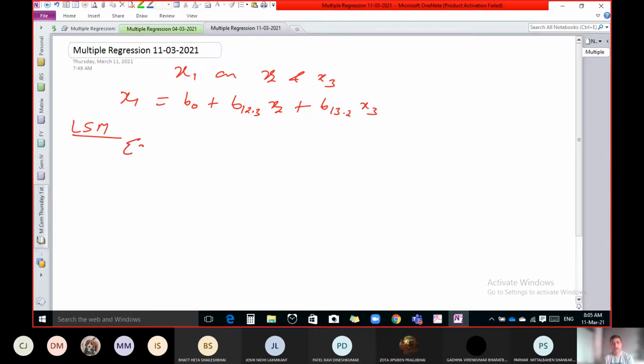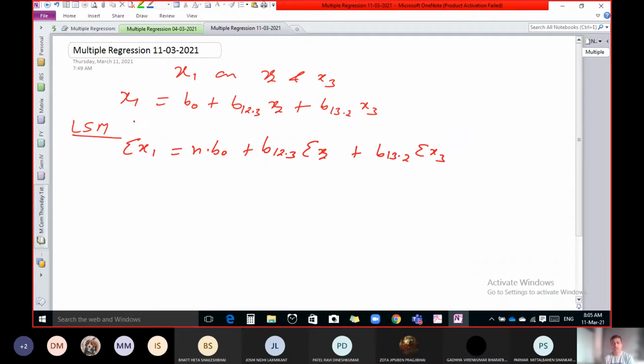First one: sigma x1 equal to n into b0 plus b12.3 sigma x2 plus b13.2 sigma x3. So this is our first normal equation.